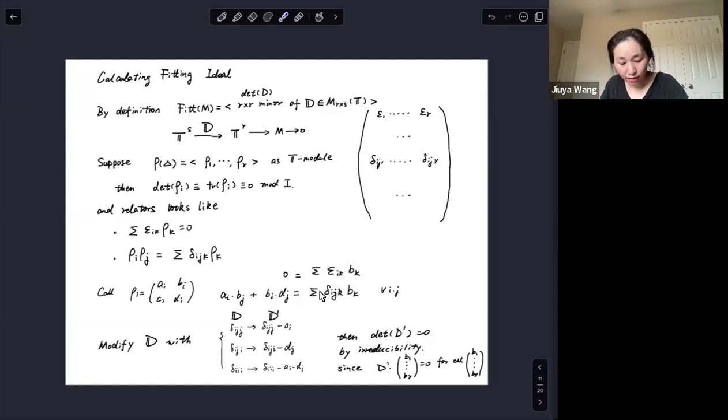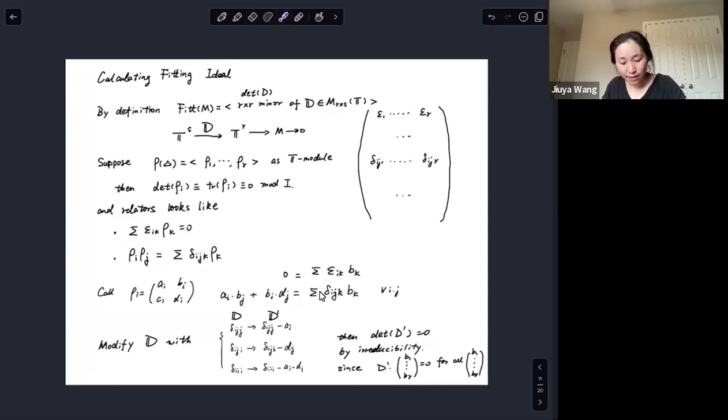Okay, so what are the relators? There are two types of relators here. One type is what we call the epsilon type. These are just the linear dependencies of these rho k in M2, the 2x2 matrices. A more interesting type is called the delta type relator.